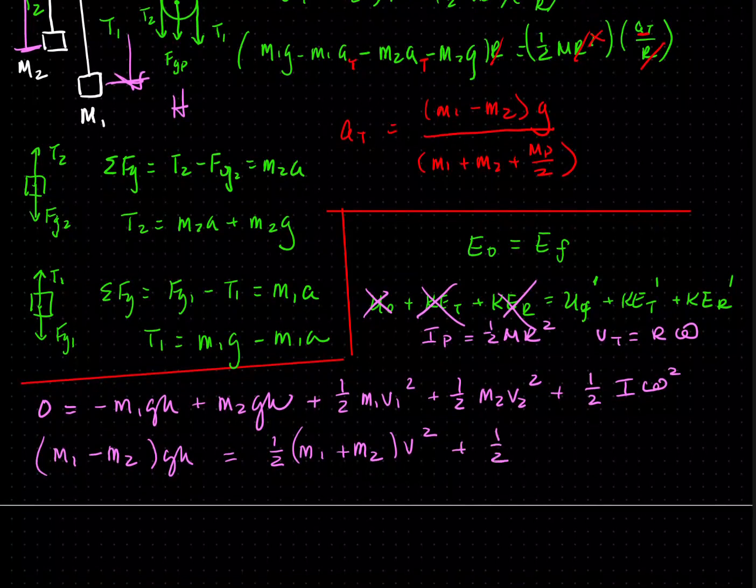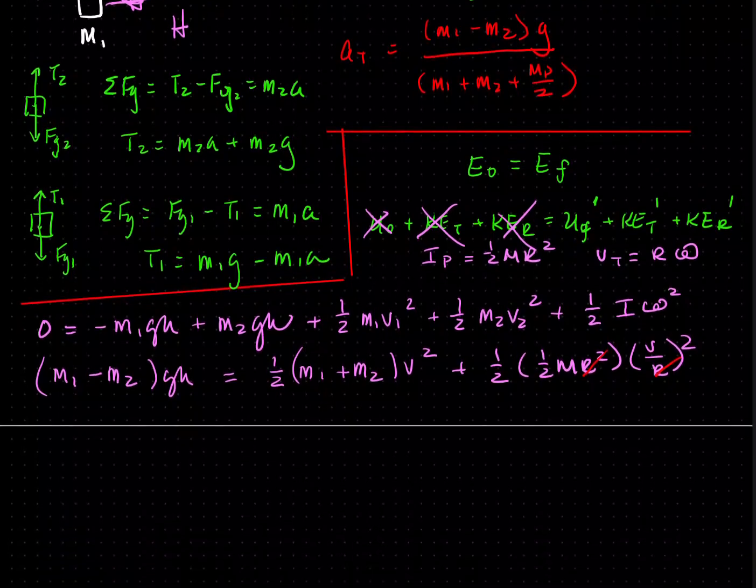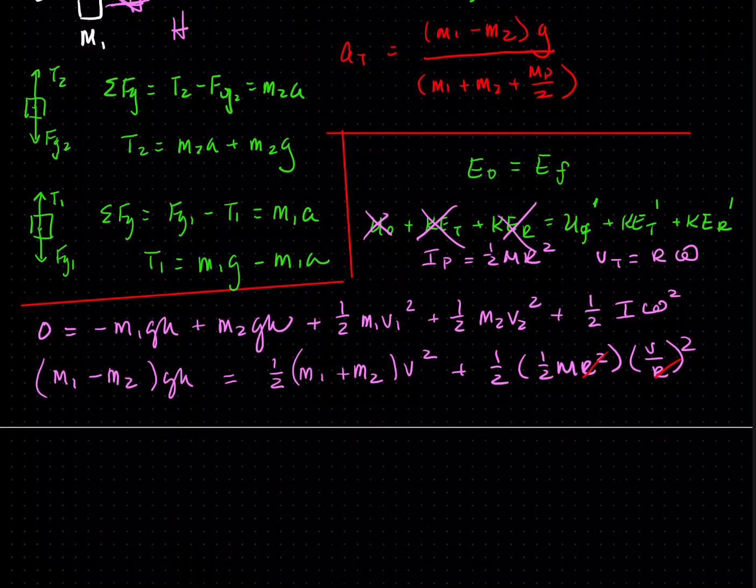Plus 1/2 I, where I is 1/2 mr squared, and omega is v over r, squared. Factoring out, the r squared cancels out with the r squared down here. So this becomes 1/4 mv squared.